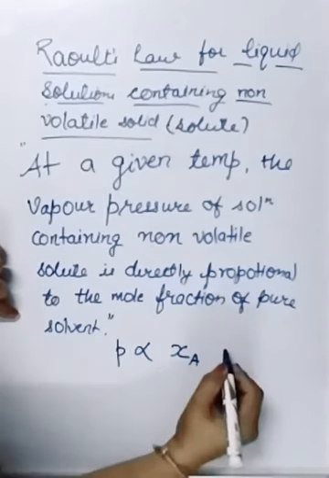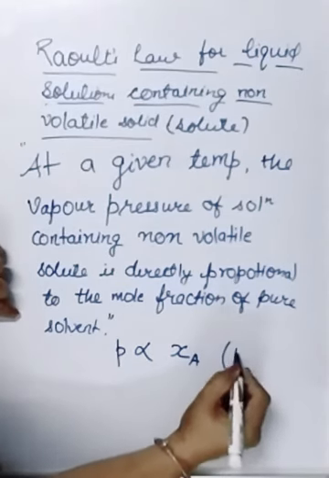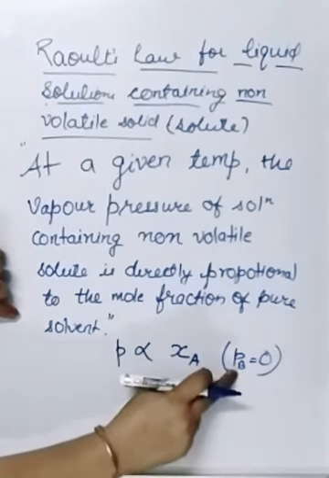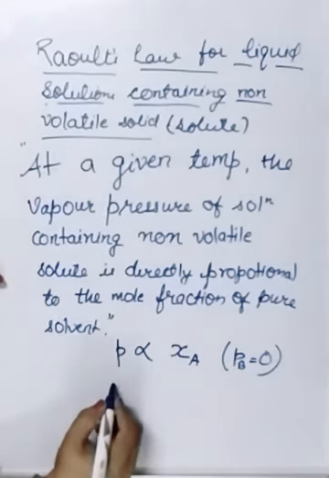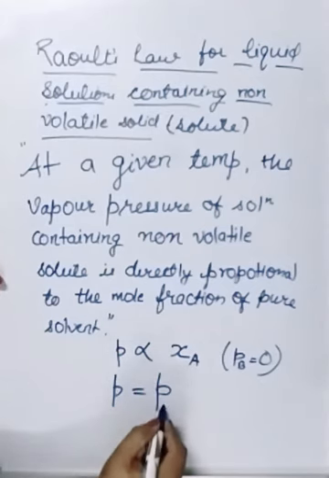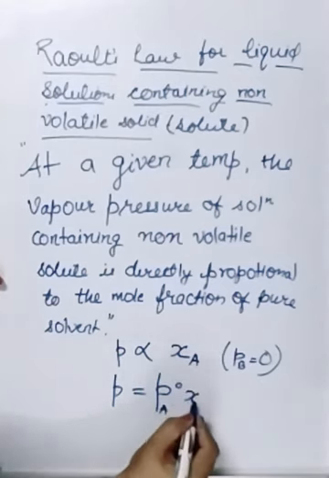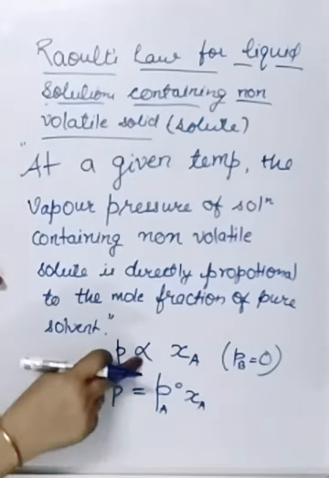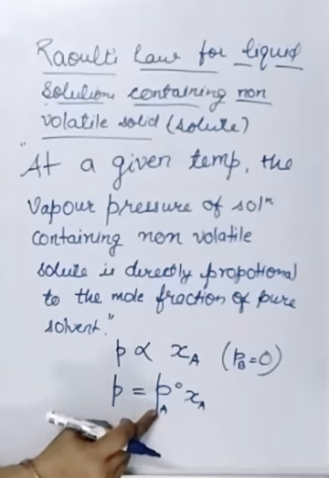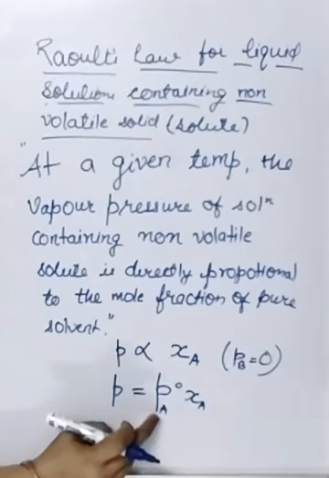Now, since already I discussed that PB will be 0 here because it is not making any vapors, so we will see this P equals PA naught XA. As we have seen, if we remove the proportionality sign, there will be a constant PA naught. PA naught is the vapor pressure of pure component A or vapor pressure of pure solvent.